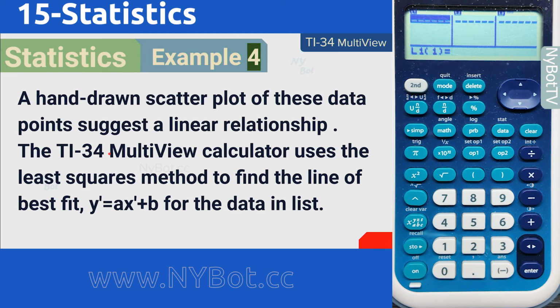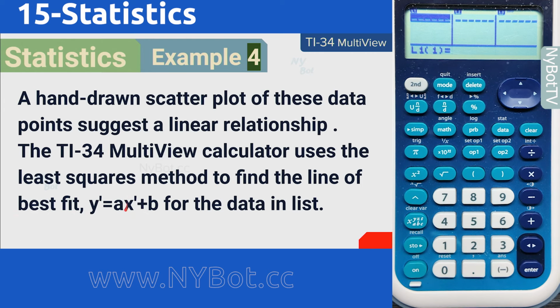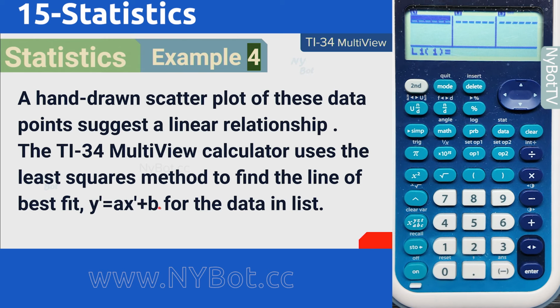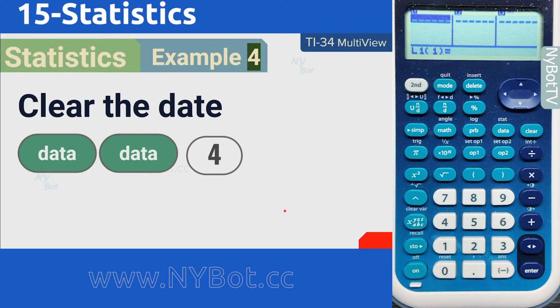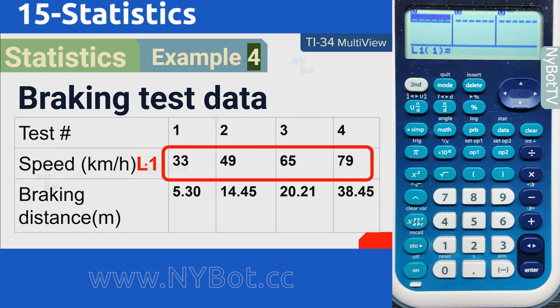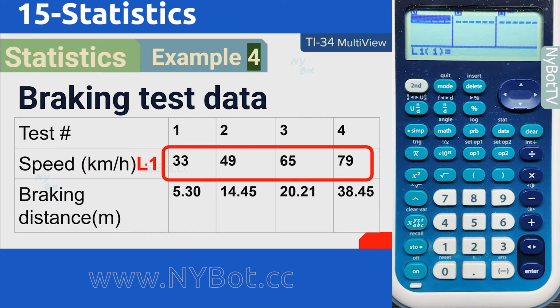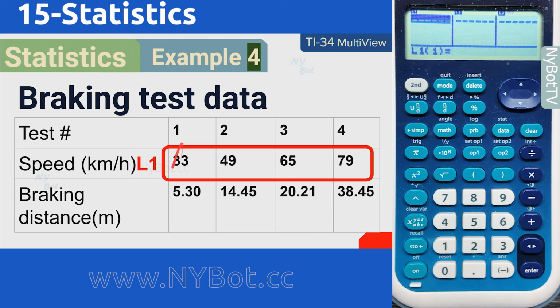The TI-34 MultiView calculator uses least squares method to find the line of best fit, Y prime equals ax plus b, for the data in the list. So we cleared the data already, and because we don't have 55, we will see from this data, which is linear, we will find out.